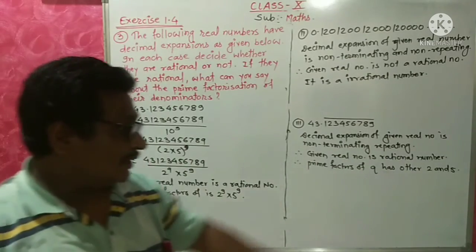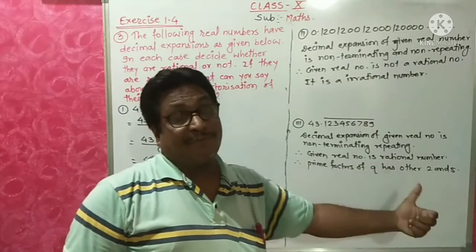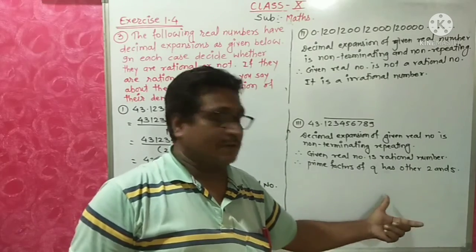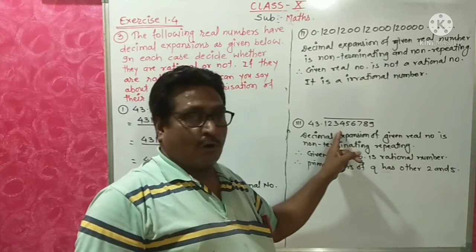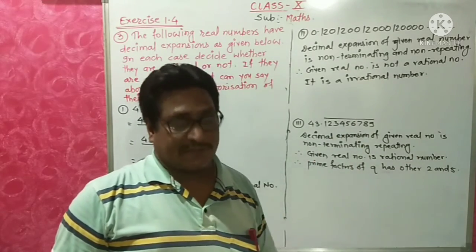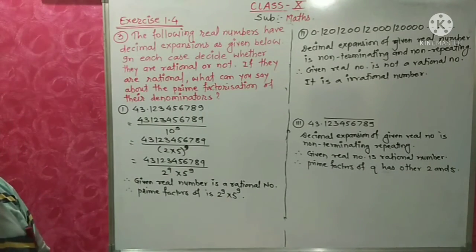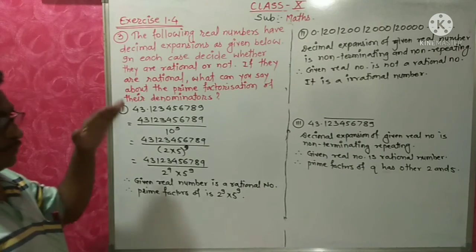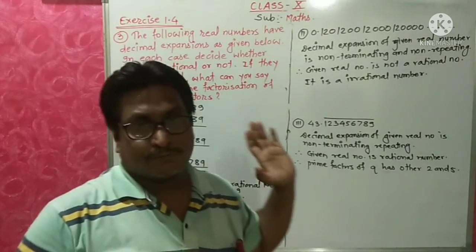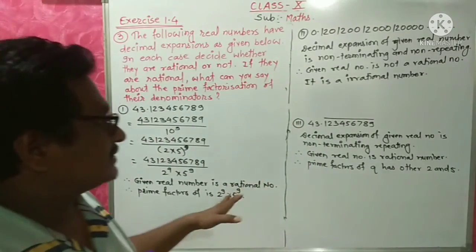That means other than 2 and 5, another prime factor is also there. So that's why it is a non-terminating repeating decimal expansion. So in this way we have to solve. So understood, students? I hope you understand this.